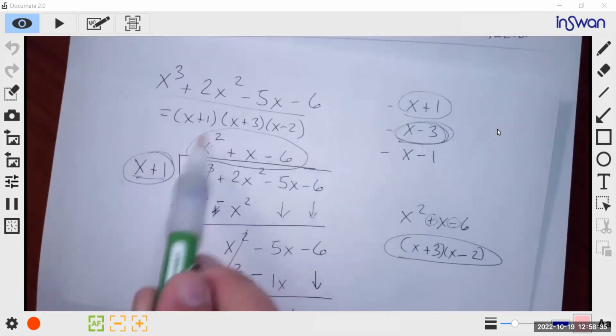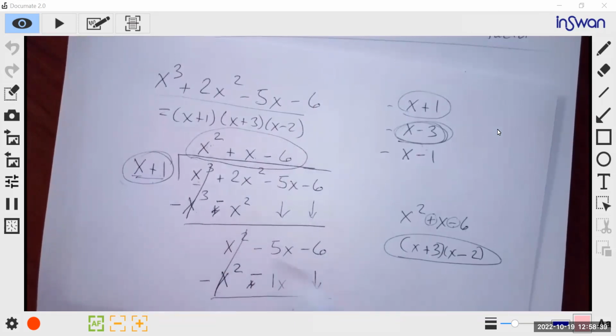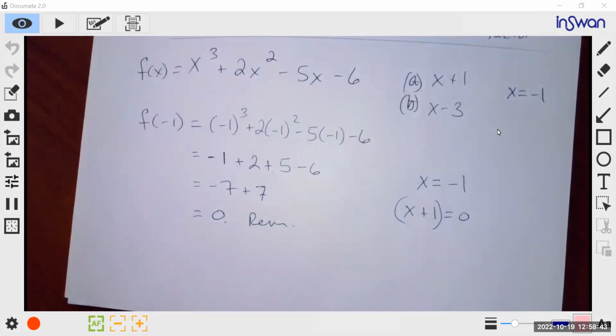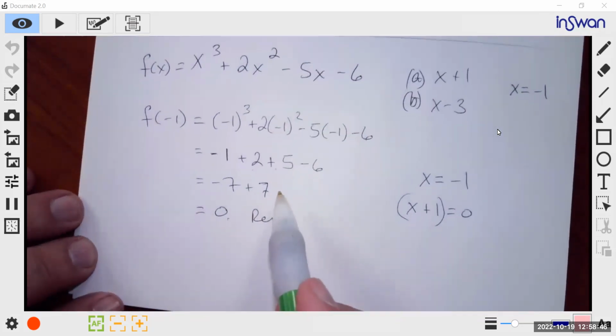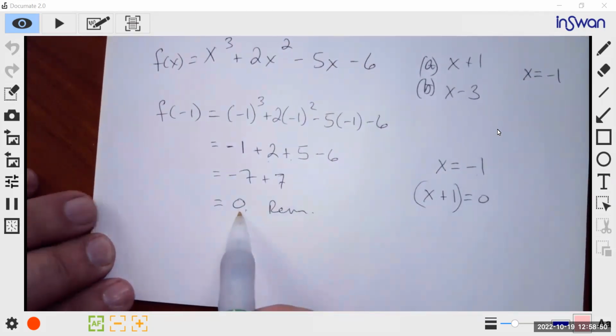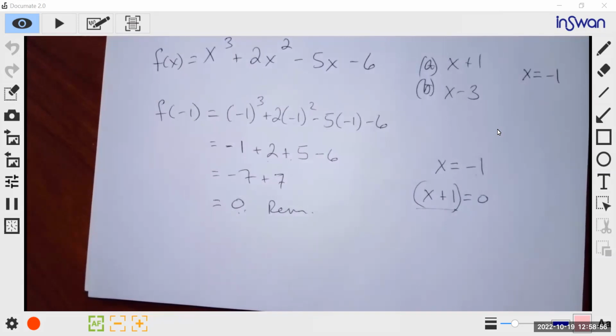We go with what's on top, the quotient now. So that's the benefit of doing the long division, but this way is much faster. What you can do is, if you get a 0 here, go ahead and put it in this form and then do long division to see what you're left with.